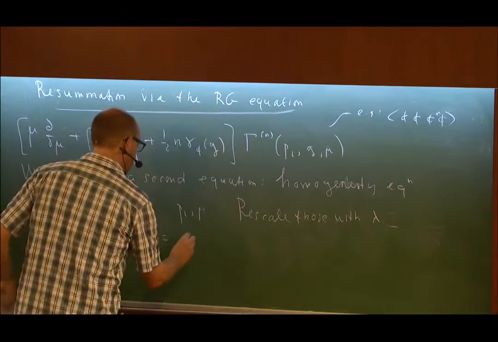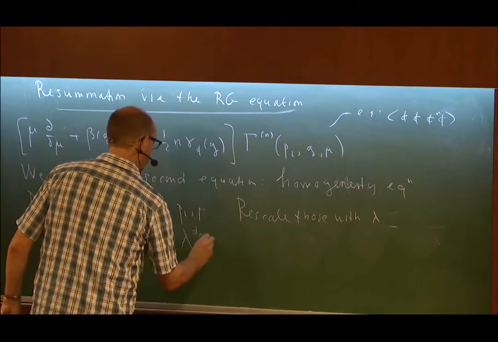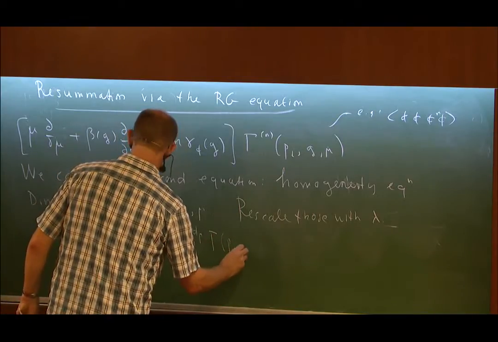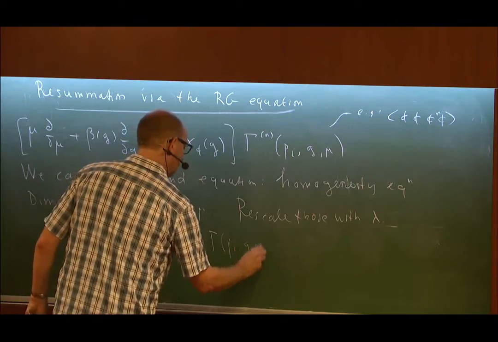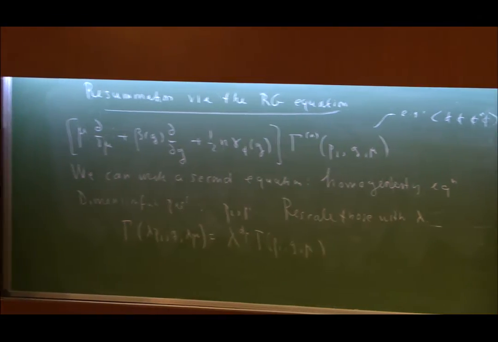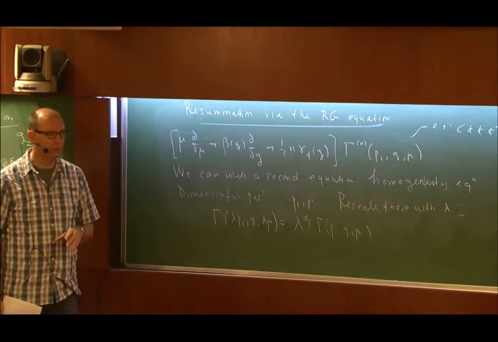It will be lambda to some power d_gamma times the thing with unscaled momenta, gamma of p_i, g, mu. This must be so. Even if it's a sum of terms, they all will have the same dimension. That d should be equal to the anomalous. It's not the anomalous dimension. It's the canonical dimension. It'll come later.